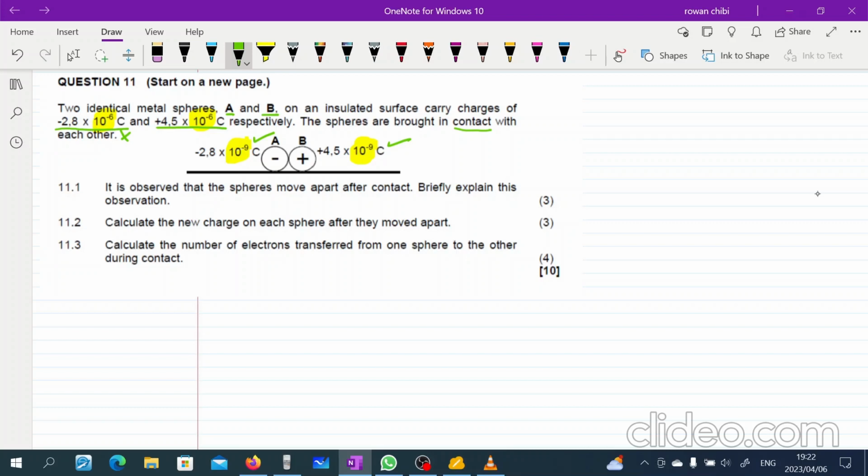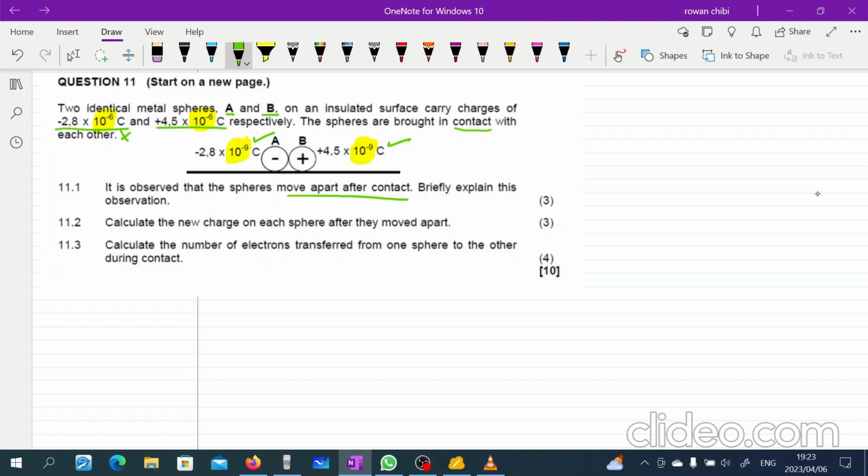11.1 says, it is observed that the spheres move apart after contact. Briefly explain this observation. So now they are brought into contact. We know from the previous video, we said when two unlike charges, the other one is negative, the other one is positive, come into contact, they attract each other.